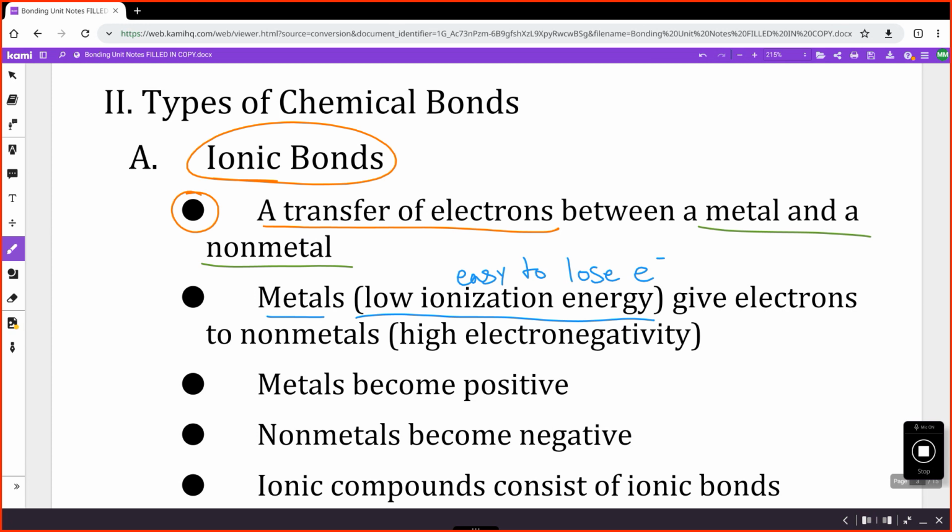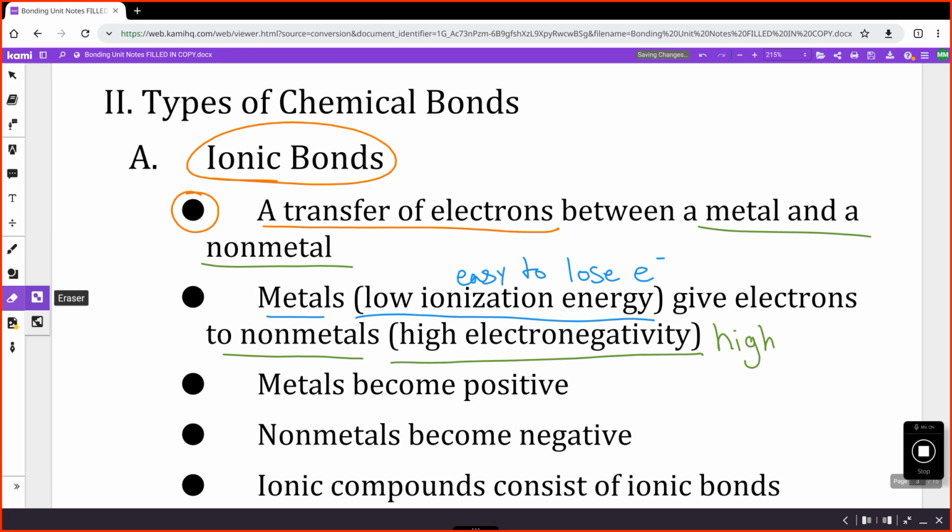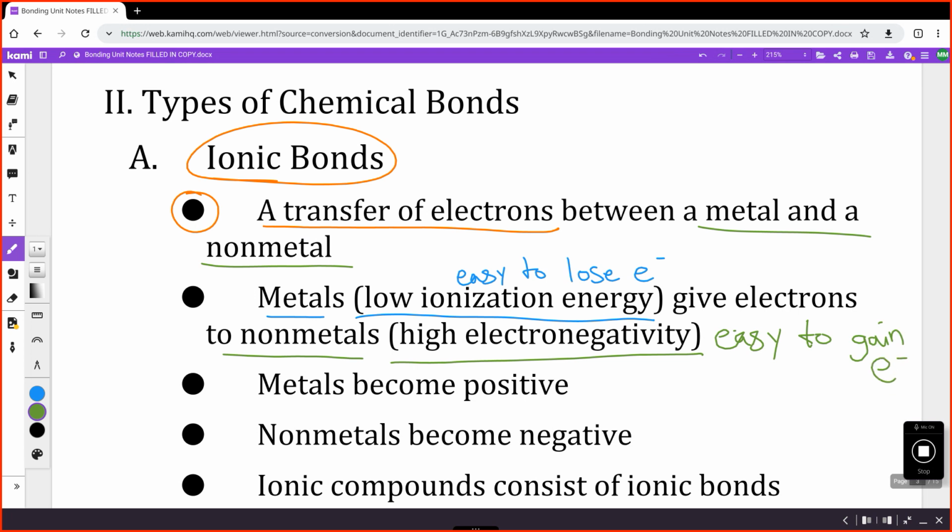The nonmetals, on the other side of this, have high electronegativity. And what high electronegativity gives them the ability to do, I shouldn't write high, what I should be writing is high electronegativity means it is easy to gain electrons.